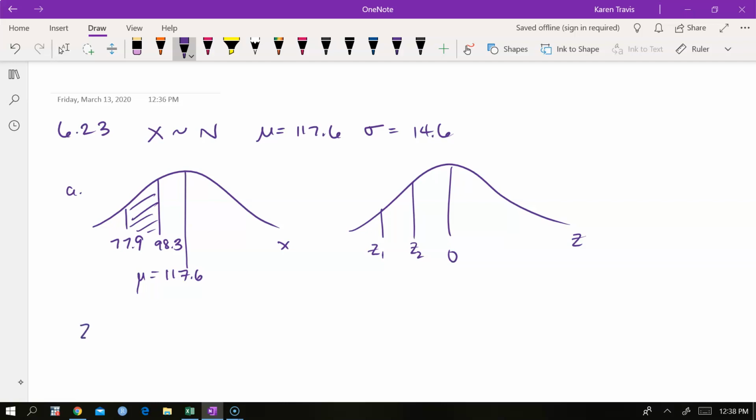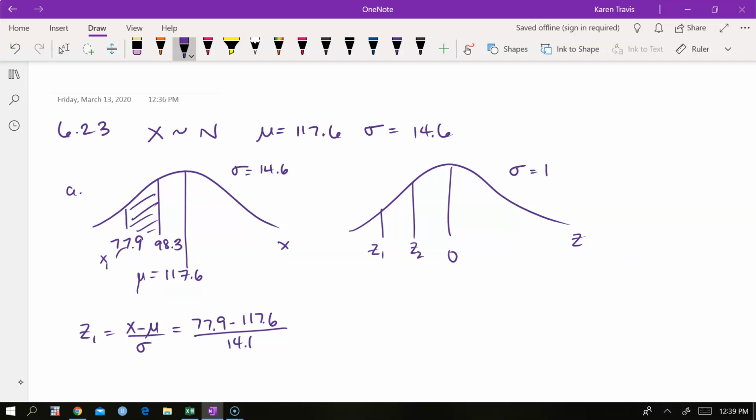Okay, so z1 is going to come from x minus mu over sigma. X is this one for the first z. We're going to use 77.9 minus 117.6. The standard deviation for x was 14.6. Remember, standard deviation for z is 1.